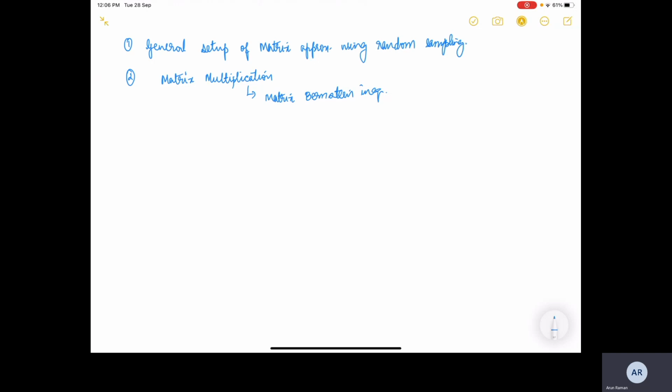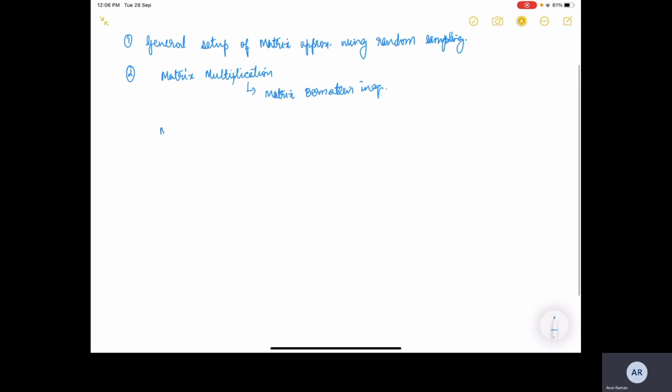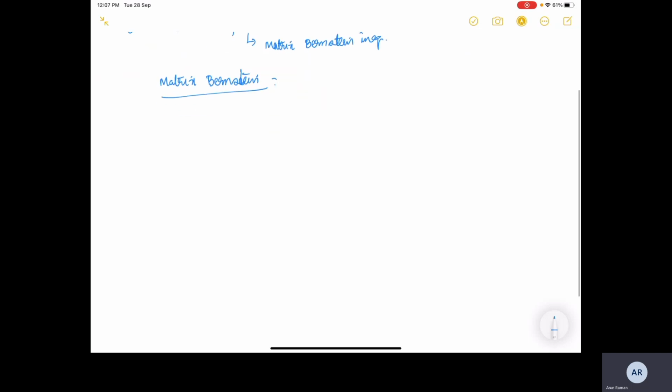Okay, so we discussed the matrix Bernstein inequality in the last lecture, and because we'll be using it again today, just for revision, I will state it once. What the matrix Bernstein inequality basically says is that suppose we have a sequence Sk of independent random matrices with common dimension.